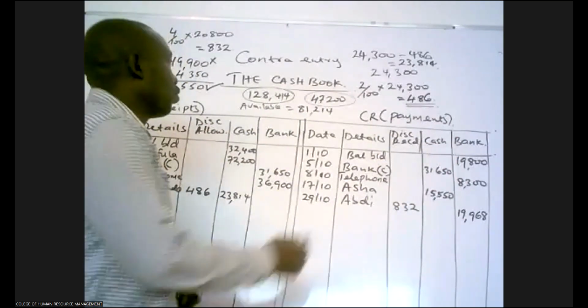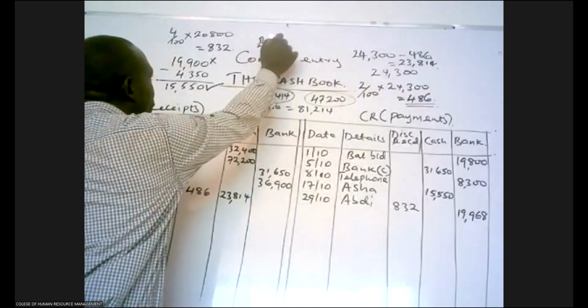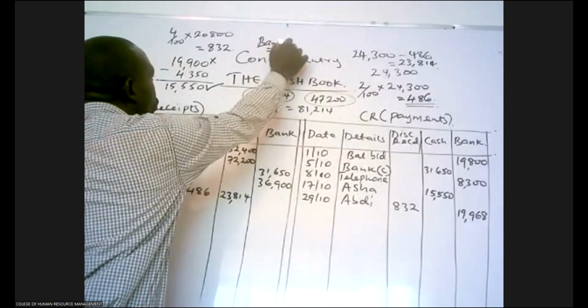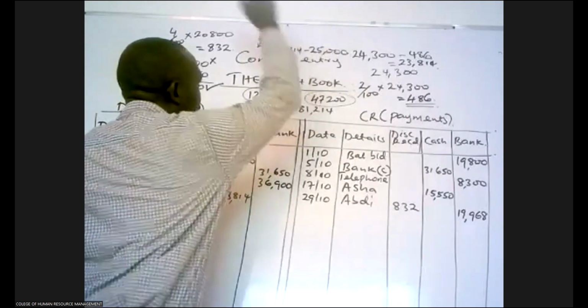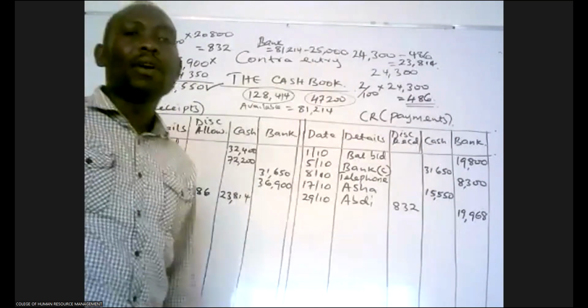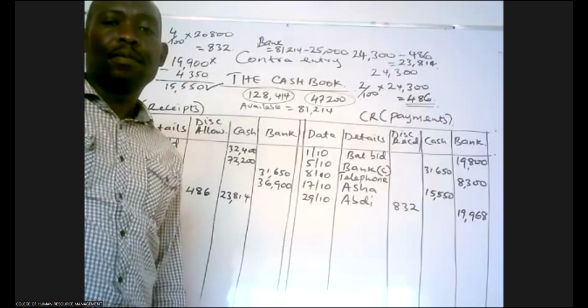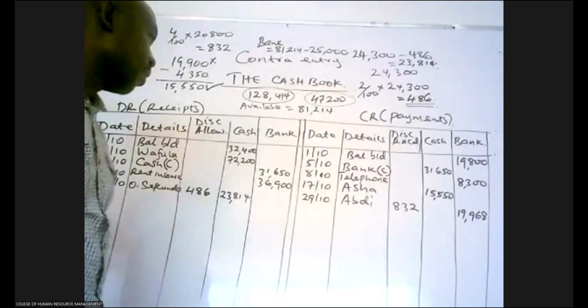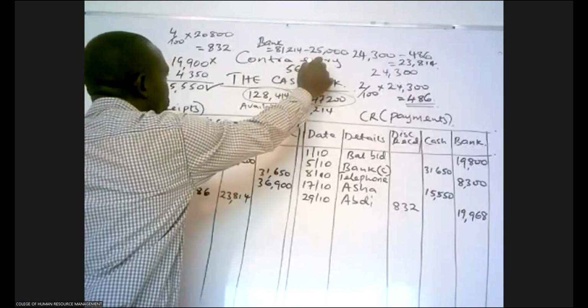It will be what is available, 81,214 minus what we are going to retain back, 25,000. So how much are we going to take to the bank? 56,214.